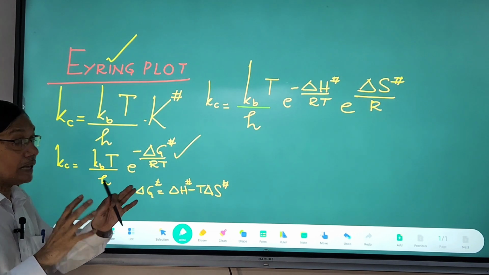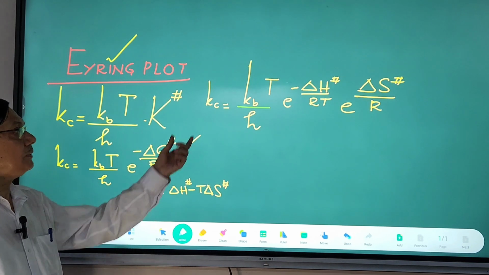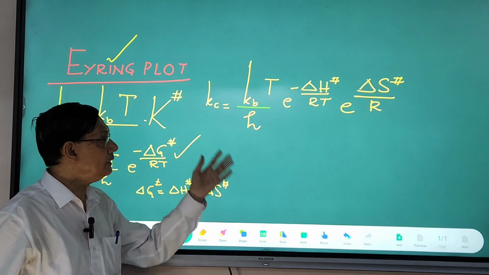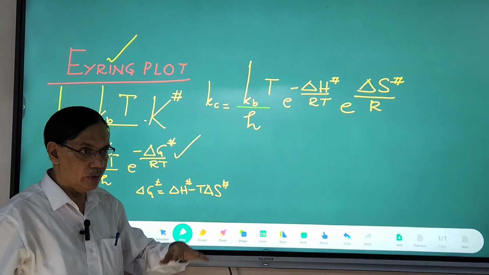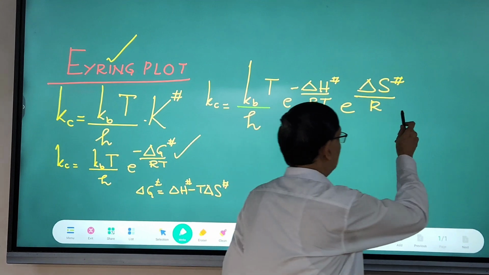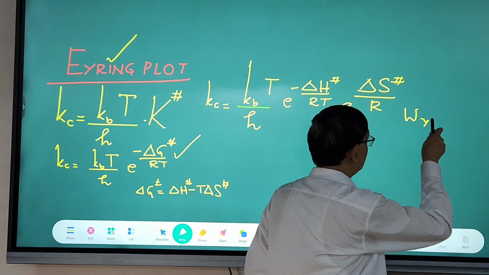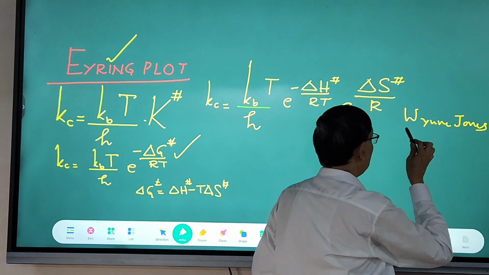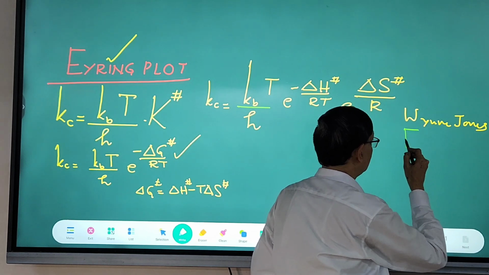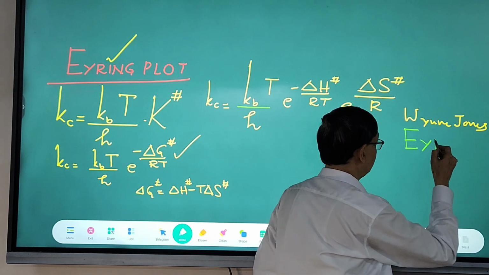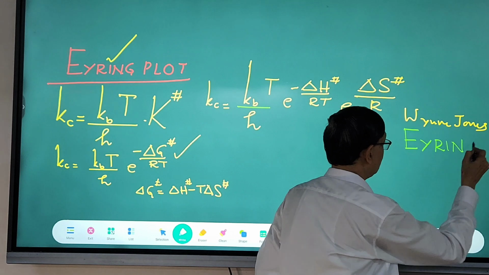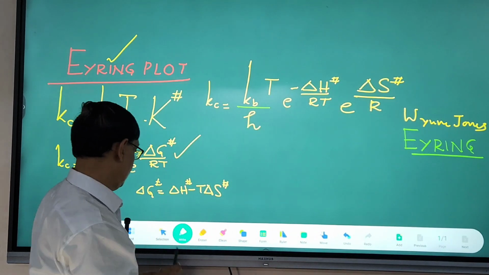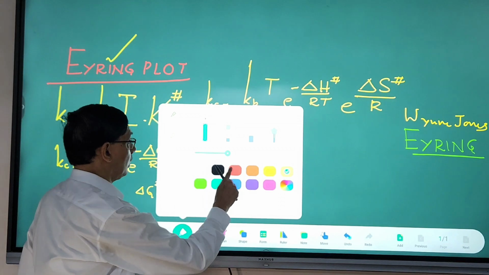Now, what is the Eyring plot? Sometimes this equation is called the Wynne-Jones and Eyring equation, or simply the Eyring equation. But I am interested in the Eyring plot.